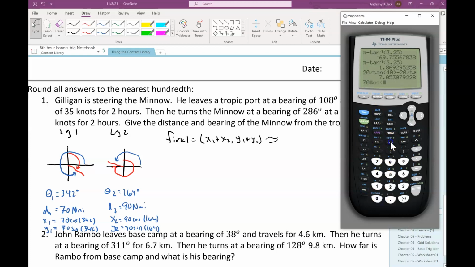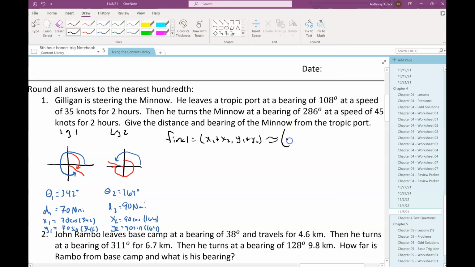So 70 cosine 342 plus 90 cosine 164 is negative 19.94. Then we do the same thing with sines, and that's 318. So the distance is easy to calculate. That's just the Pythagorean theorem.